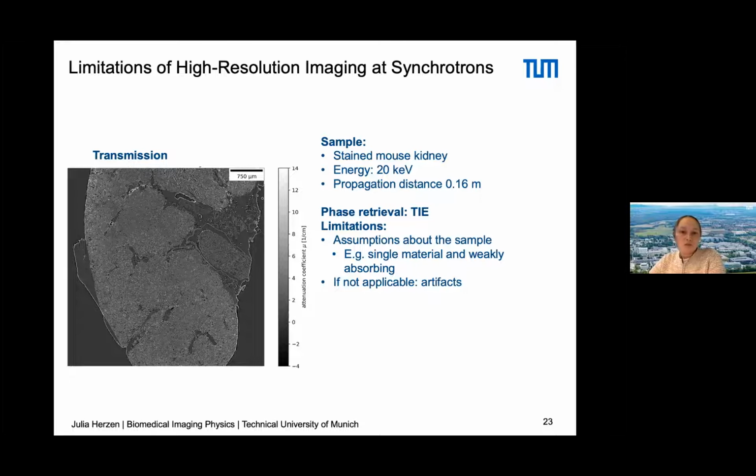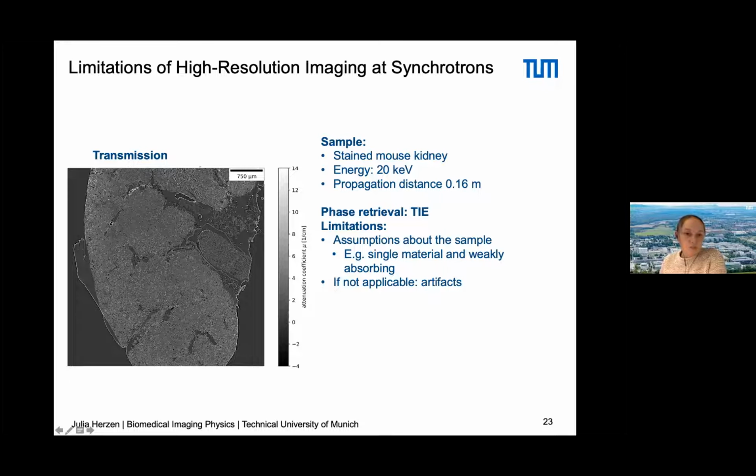Of course, you need to retrieve the phase. This is an image showing a stained mouse kidney. It's one tomographic reconstruction showing the transmission, the attenuation image, scanned at 20 keV at a very short propagation distance.